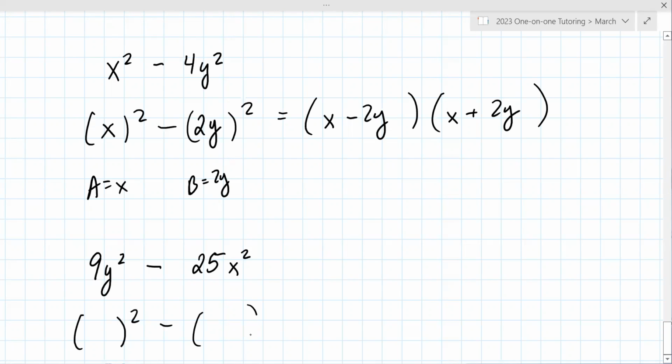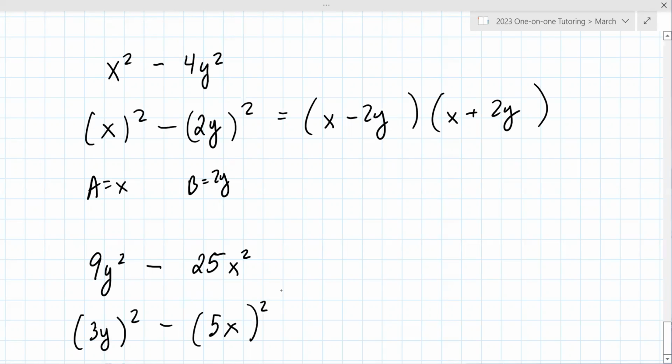I want you to tell me what goes in parentheses here on the left and the right so that you get back to the previous line. 3y minus 5x.